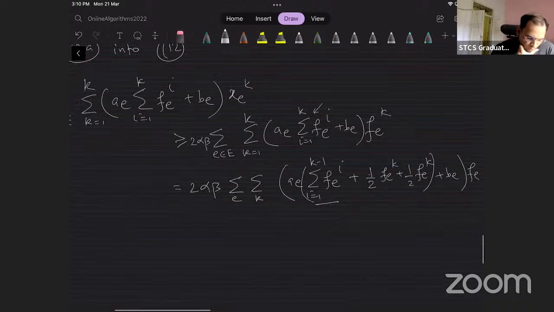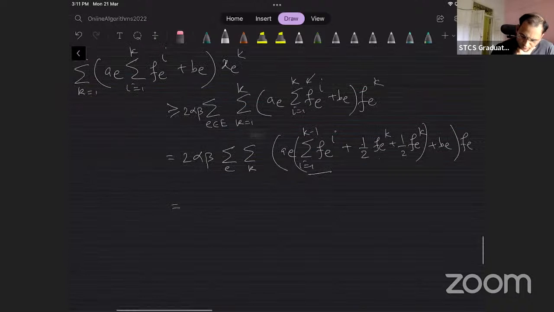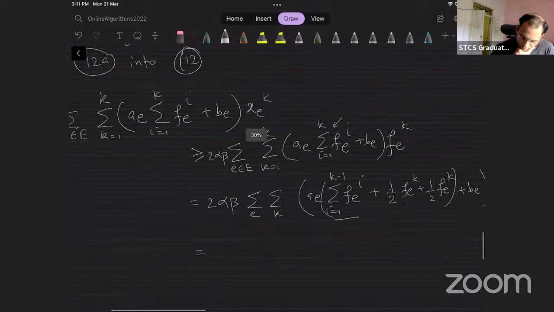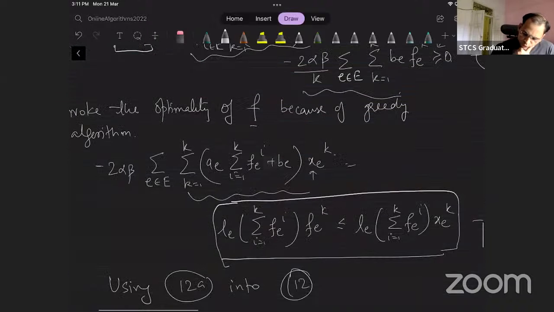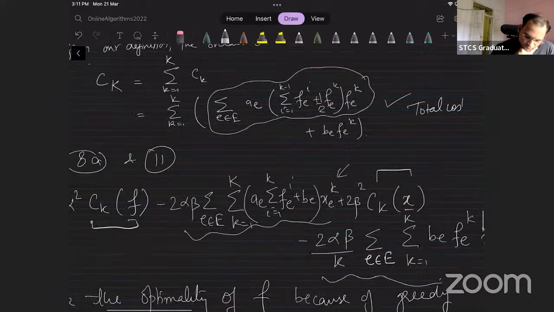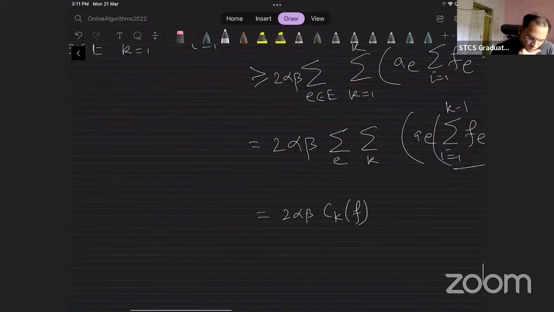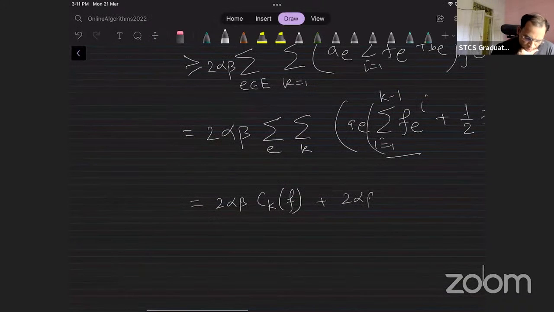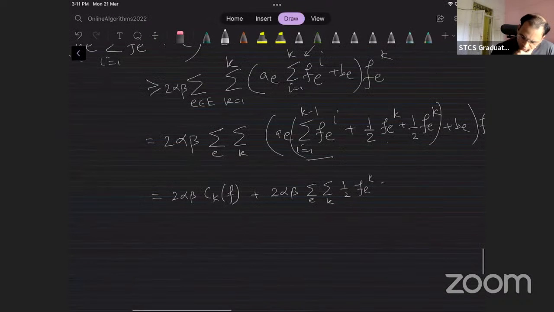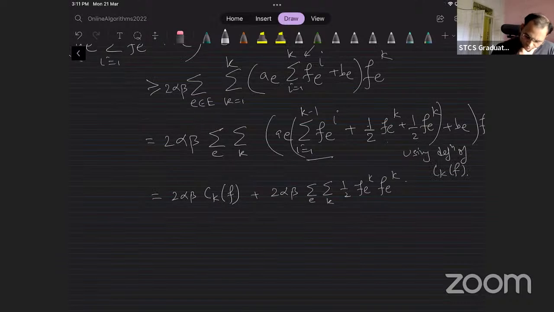And now once again invoking the definition of CKF, which is the total cost of the algorithm. Where is it? Yeah, this one. Total cost. We can write this as 2 alpha beta CK of F plus what remains, 2 alpha beta, sum over e and k, half f_e^k f_e^k. That's what it is. So using the definition of CK we get here.